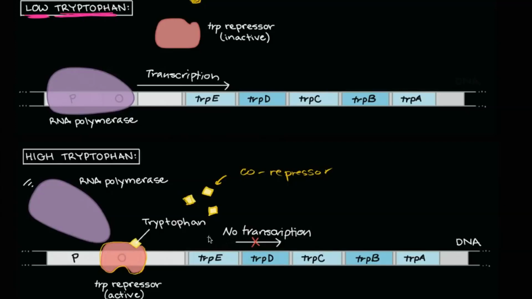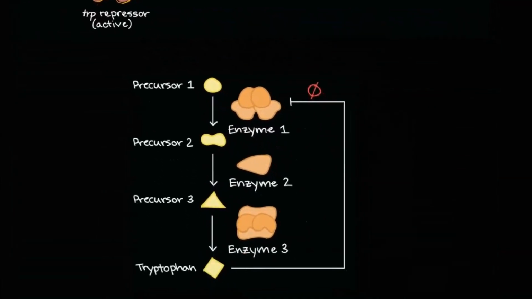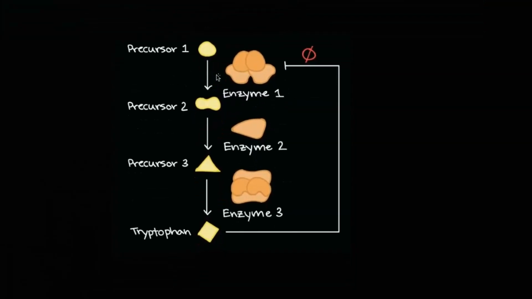Now, tryptophan's an interesting thing because the control of transcription isn't the only place where you have some type of a feedback loop or kind of a conditional situation. You can actually have direct feedback inhibition between the proteins. And so this part isn't related to the transcription. But if this is a precursor of tryptophan, it's all very abstract in this diagram, and let's say enzyme 1 turns into precursor 2, enzyme 2 turns into precursor 3, and enzyme 3 turns it into tryptophan.